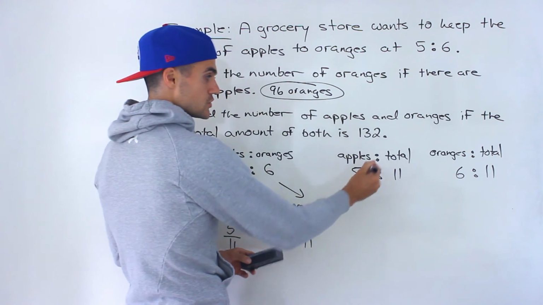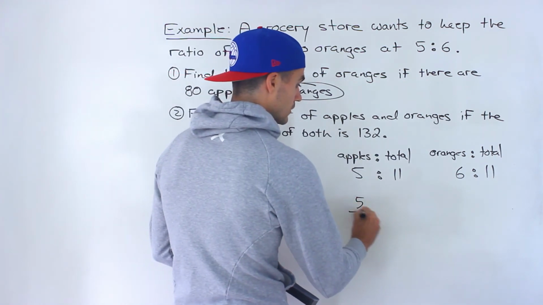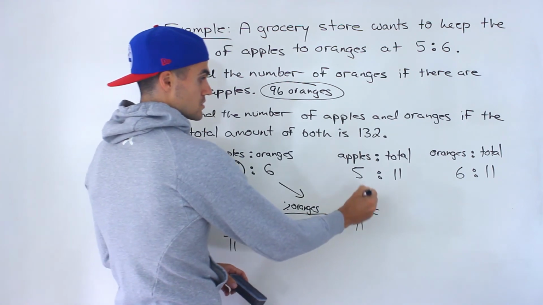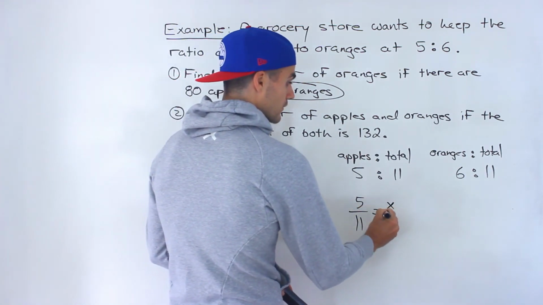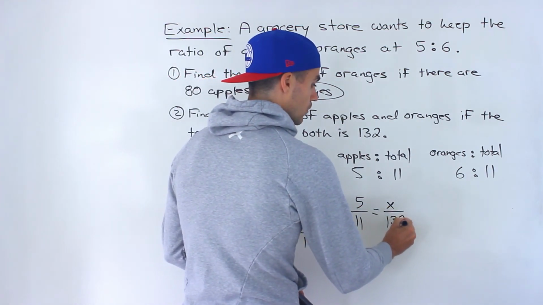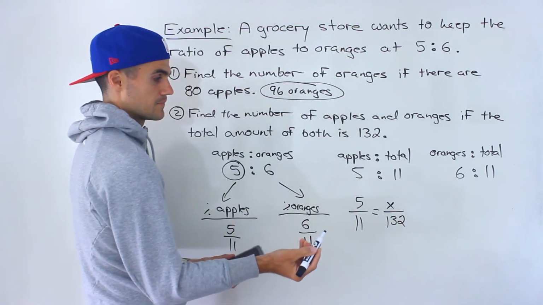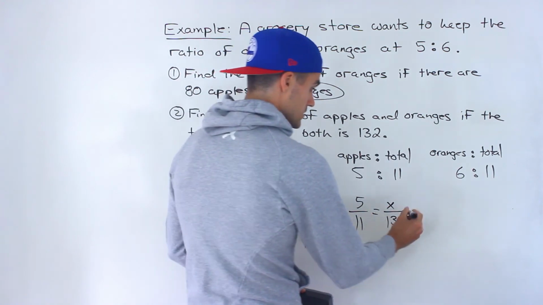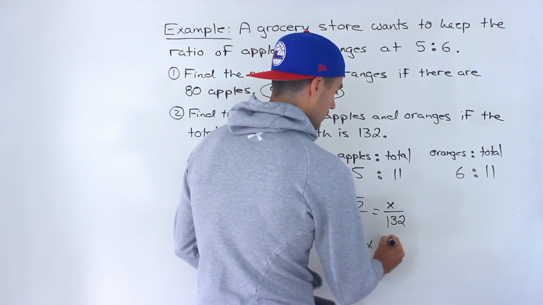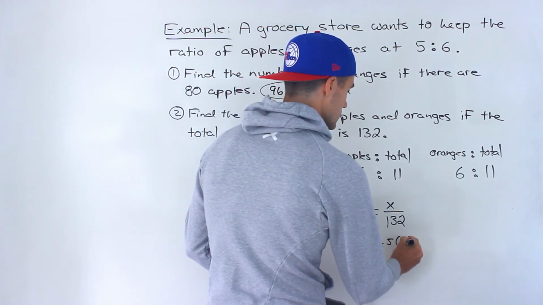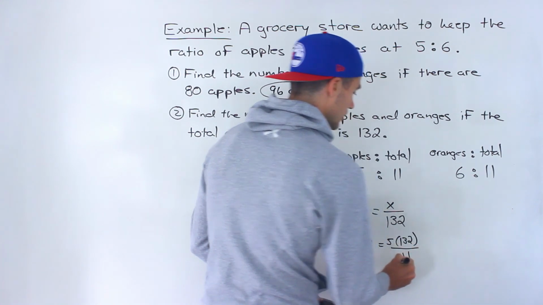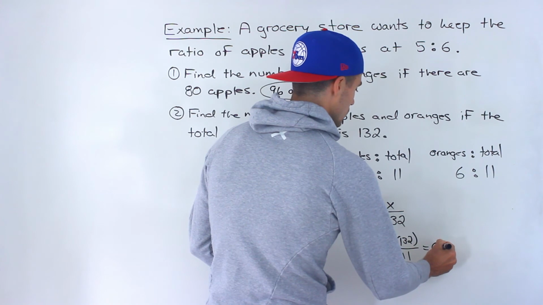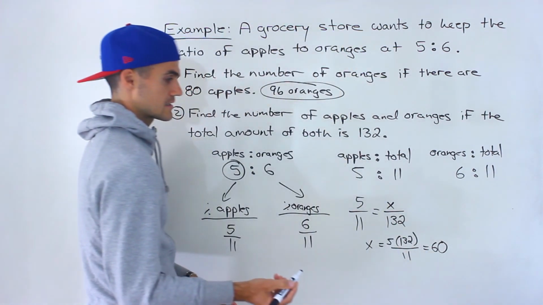Or if we use these ratios here, we could say 5 over 11. We know the 11 represents the total. That's the ratio. So we're solving for the number of apples, x over 132, like that. Then you could solve for x by cross multiplying, so x would end up being 5 times 132 divided by 11 after you do all the steps, and that would give you 60.